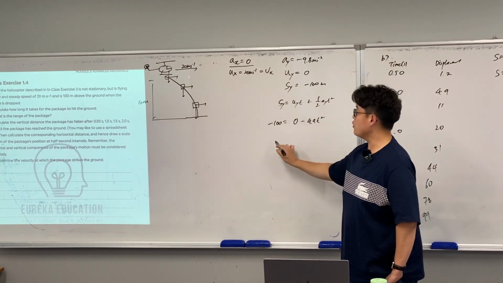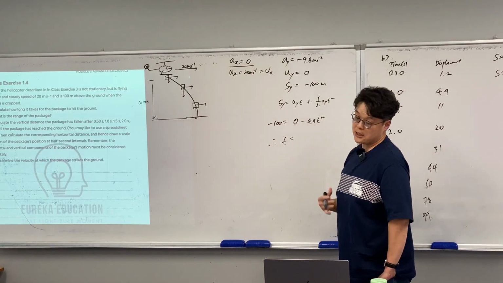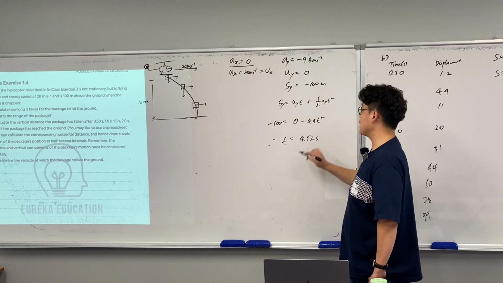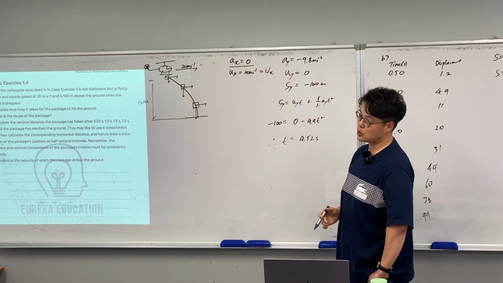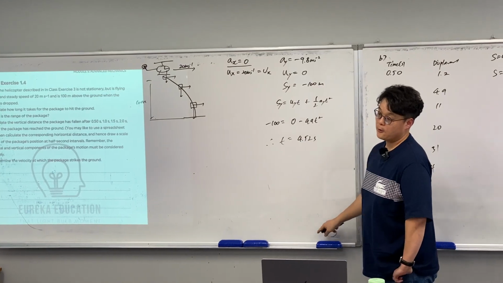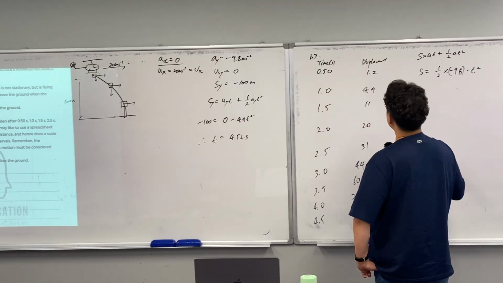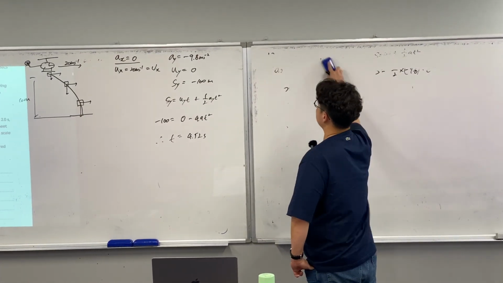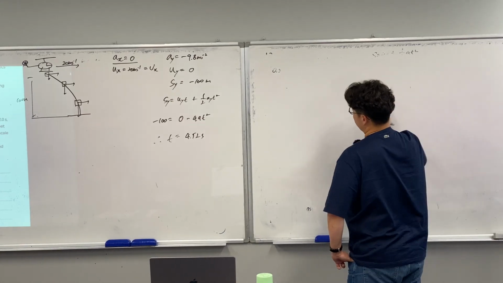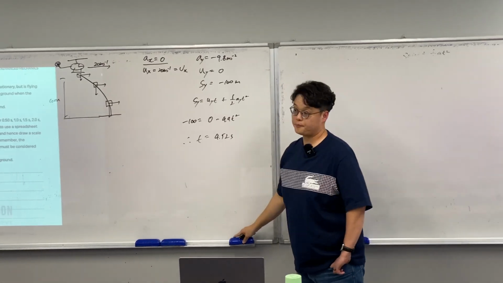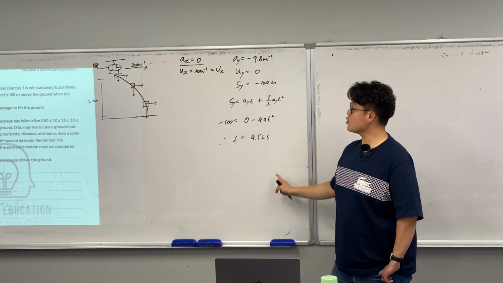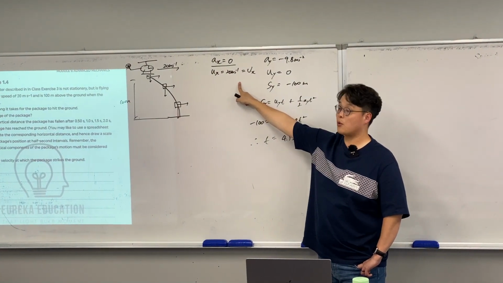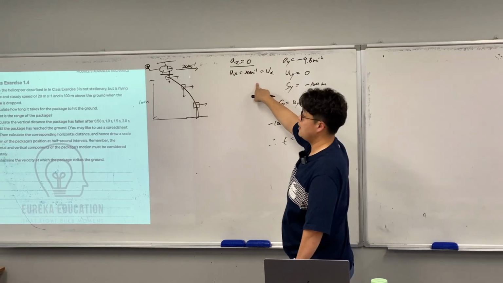Therefore, the time is the same as before, 4.52 seconds. So whether the helicopter is moving forward or not, the time taken for the package to drop from 100 meters is the same, 4.52 seconds, because no force is applied in the horizontal direction.